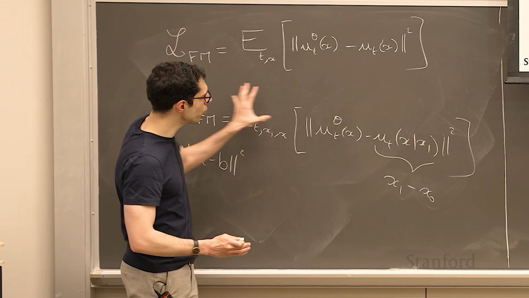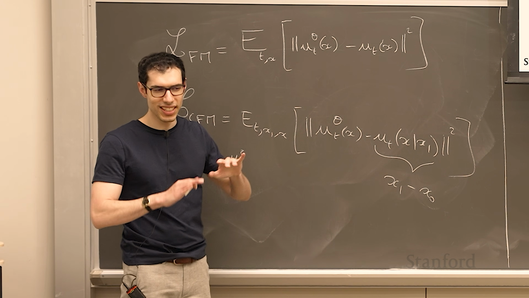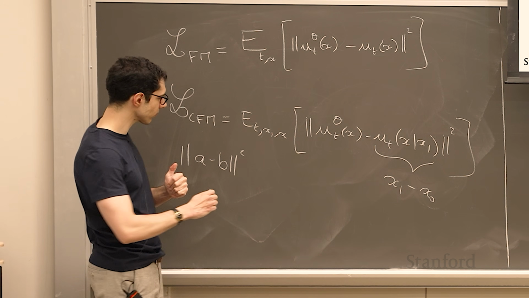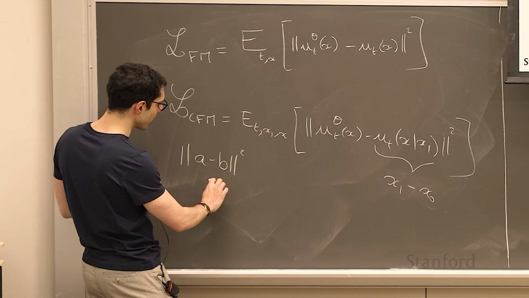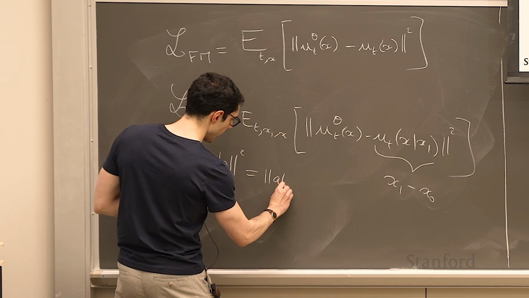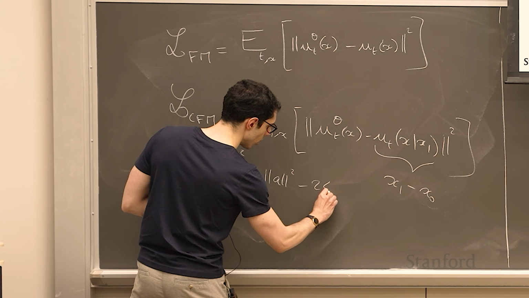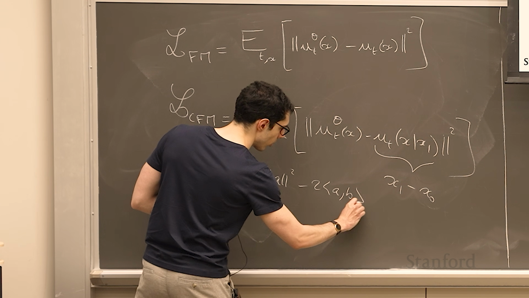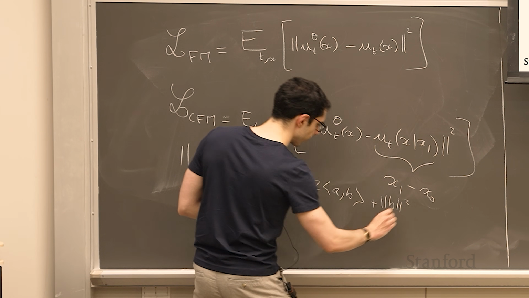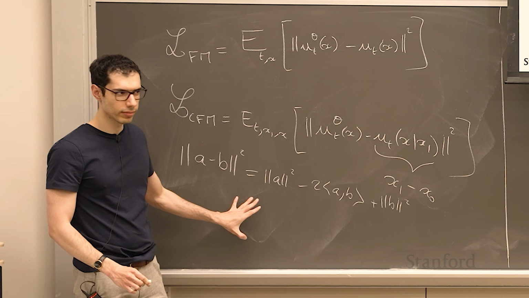Everything you care about here is only terms that are a function of theta. So a minus b, that norm squared, is equal to a squared minus 2 times the dot product of a and b plus b squared.